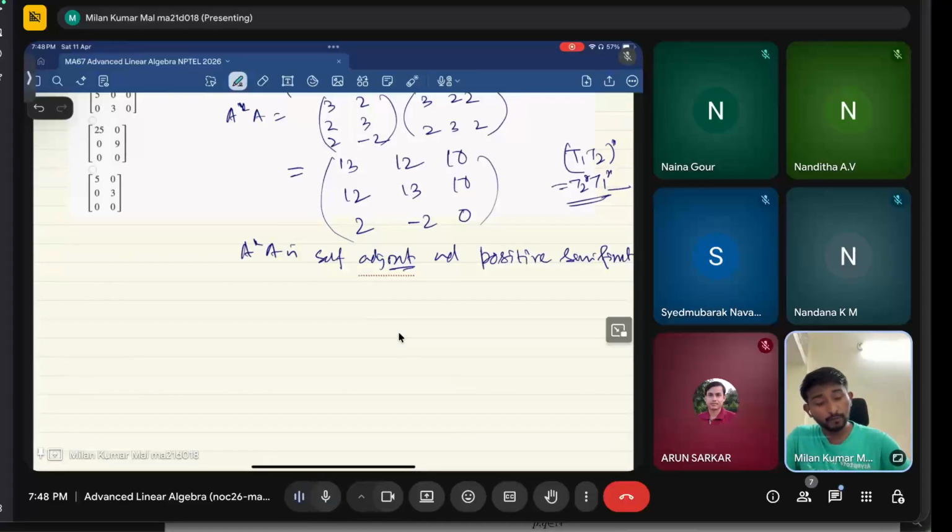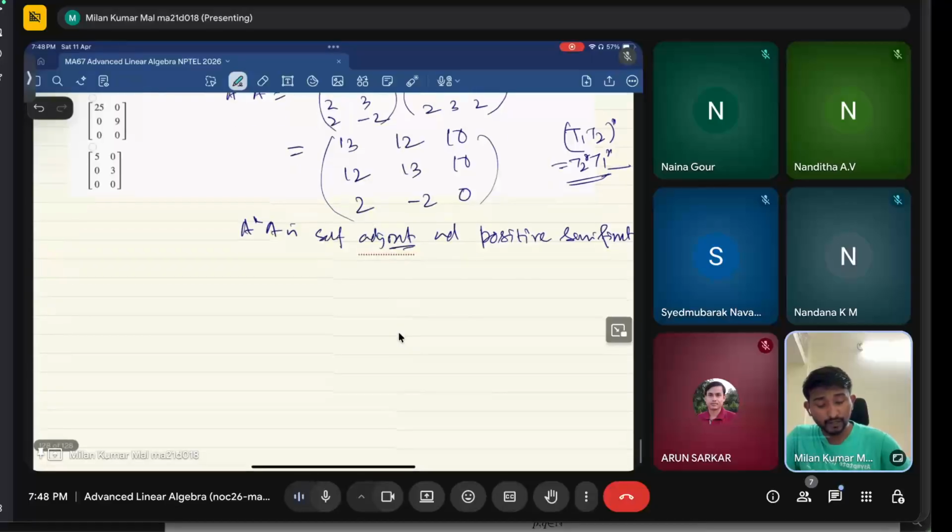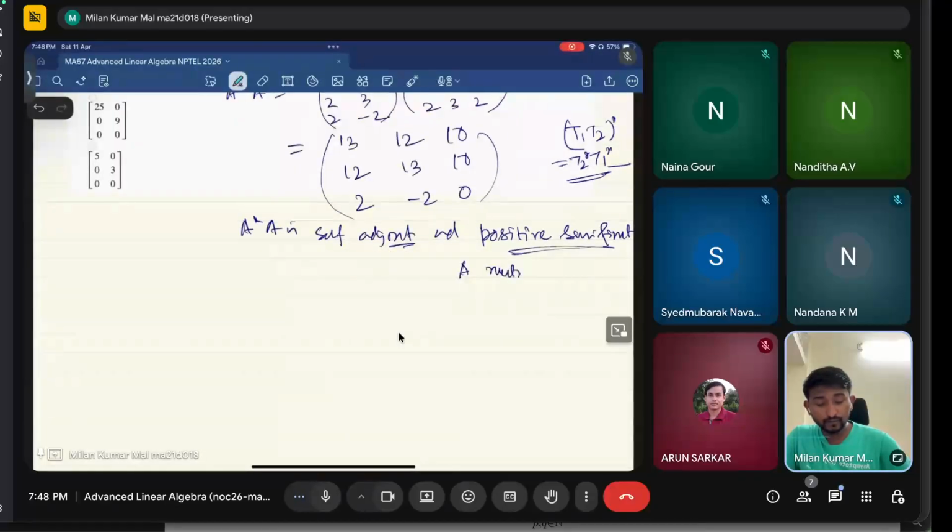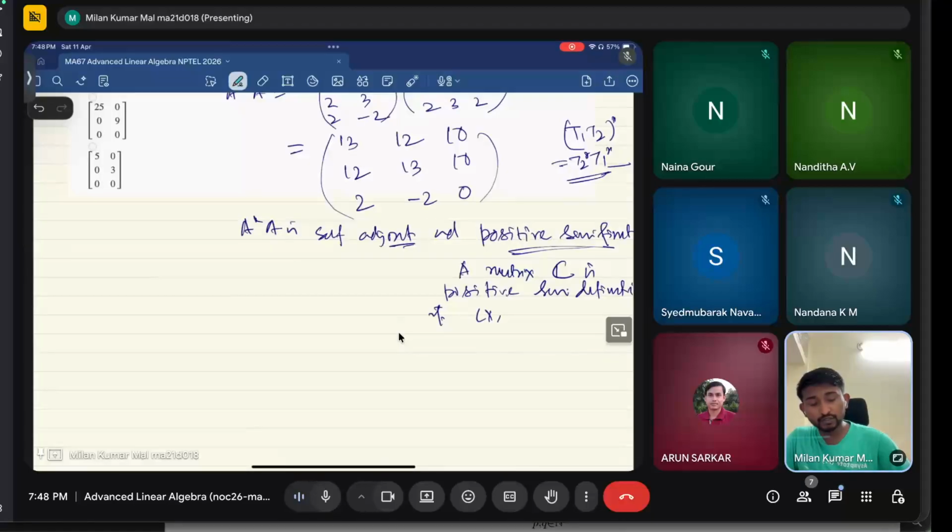Now, what is meant by positive semi-definite? A self-adjoint square matrix C is said to be positive semi-definite if the inner product of Cx with x is greater than or equal to 0.